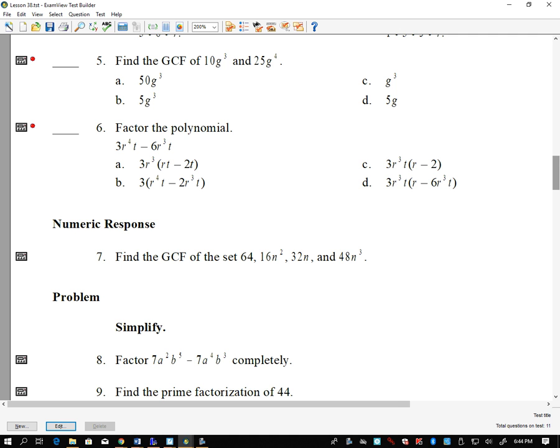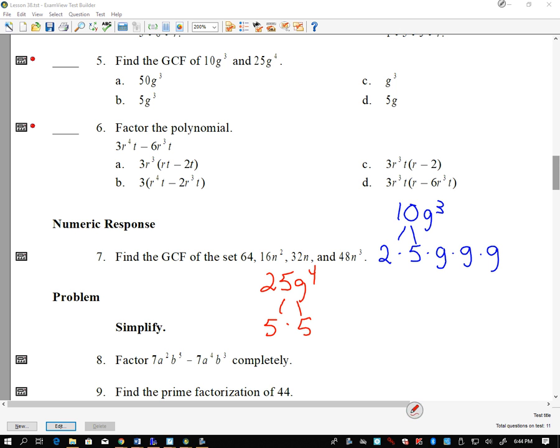So here we're going to take 10g to the third. 10 breaks down into 2 and 5, and we'd get g times g times g. Then 25g to the fourth is going to be 5 times 5 times g times g times g times g.